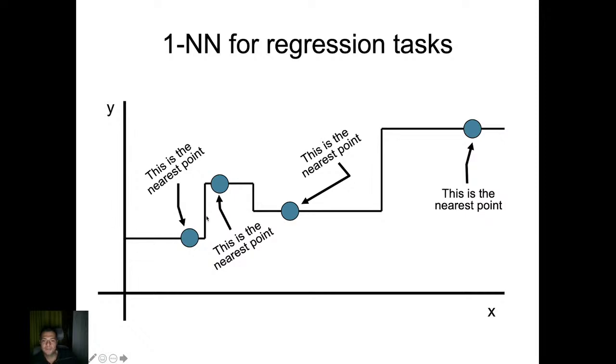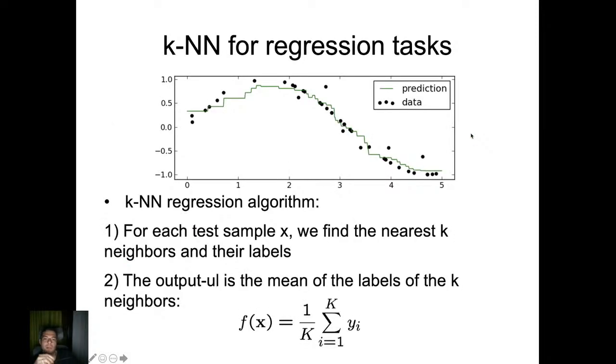So the function will look like a step function. And of course, this prediction will be smoother if you use a higher k, and it will also not necessarily pass through all the data points.